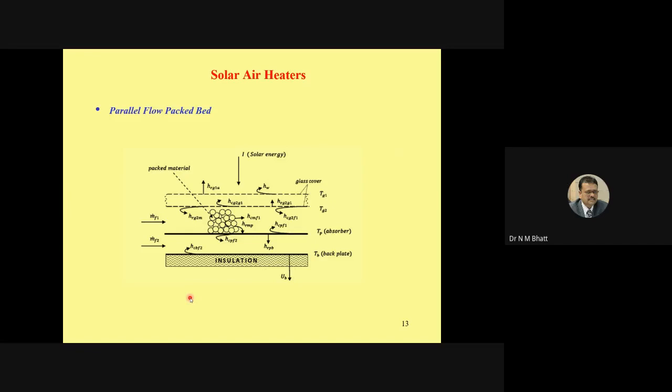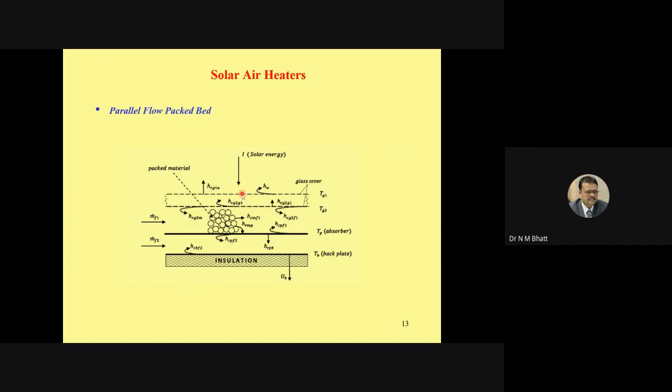That will increase the heat transfer. These are the various convective heat transfer coefficients taken from a research paper, where the paper has described how to derive the various heat transfer coefficients between various components. So we will understand that for our case of the evacuated glass tube solar collector.